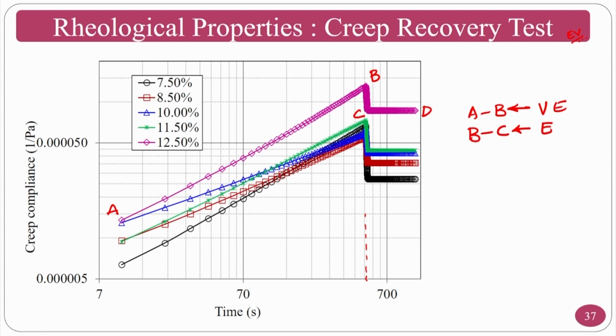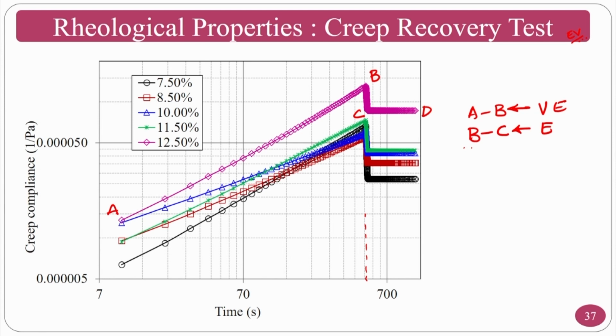You are putting a sample in between the plates, suddenly you are putting some stress and you are holding it for approximately 500 seconds, then you are releasing the load. That means that you are giving a sudden load, then holding and releasing. During the holding of the LVE region load, the transition is taking place in terms of strain.